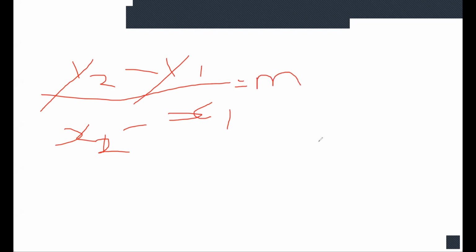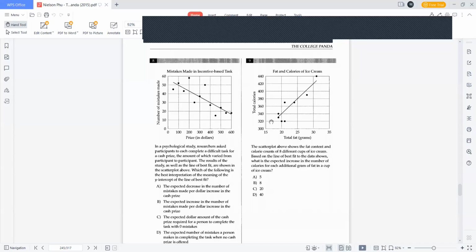And yes, so you look for 2 points that are convenient. For example, here we have 340 and 20, and we have 420 and 30.